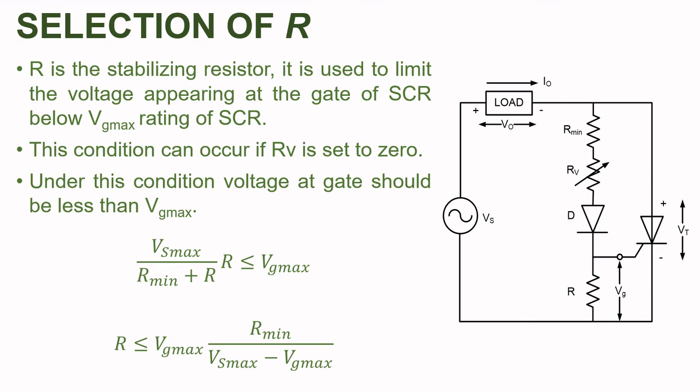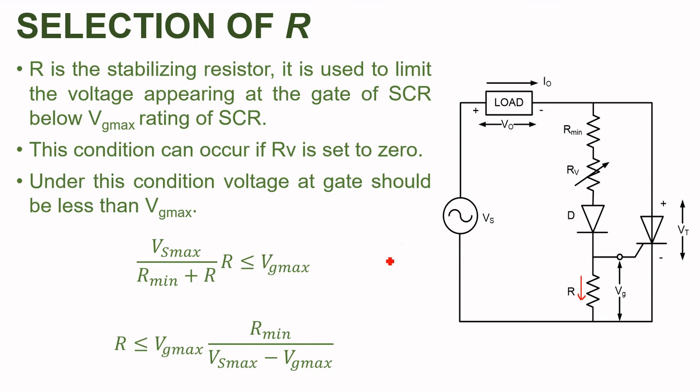Hence, the voltage at the gate is given by the current flowing through the resistance R multiplied by the value of resistance R. Current flowing through the resistance R is given by Vs max divided by R minimum plus R. Here we are considering that no current is being supplied to the gate and all the current is flowing through resistance R. This is the worst case scenario.